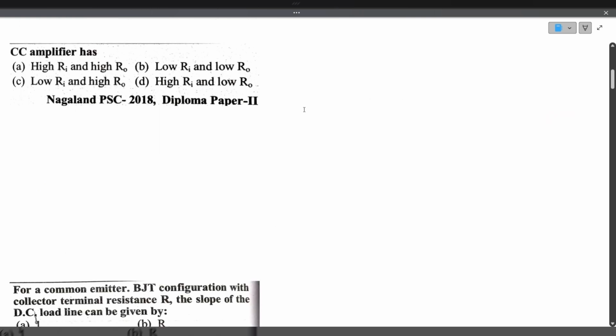The CC amplifier, the common collector amplifier, has which of the following? It has a very high input impedance and a very low output impedance. We'll see how. This is a common collector amplifier. Input is given at the base and the output is taken at the emitter.